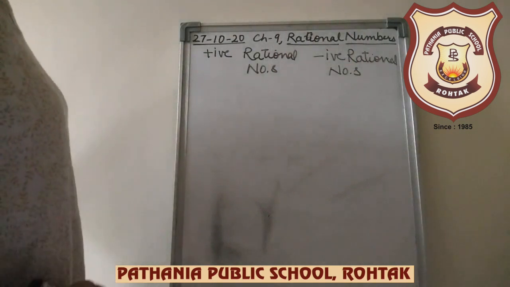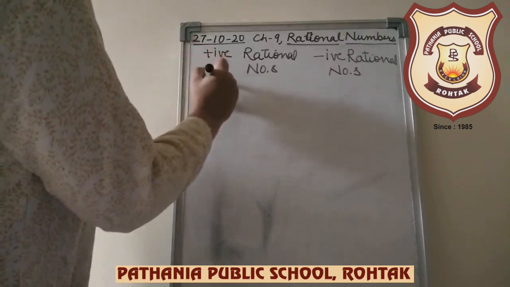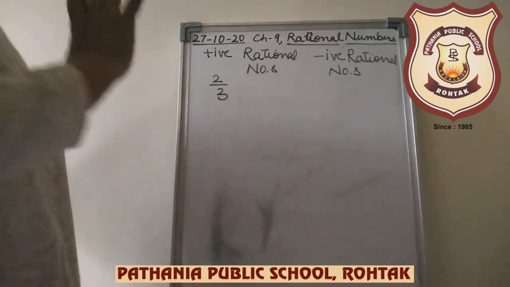When you are writing positive rational numbers, say I am taking 2 upon 3. This is a rational number.